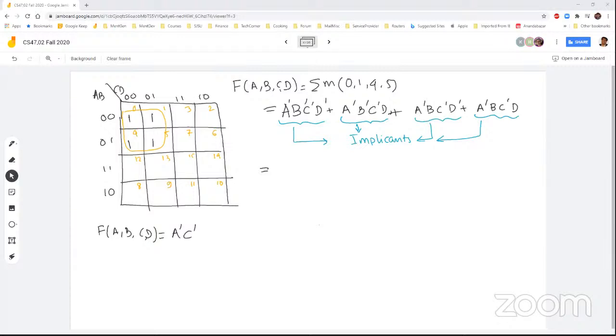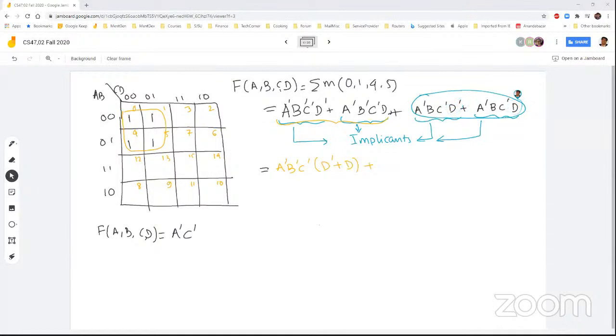For example, if we see this group, that means the group of 0 and 1, we can see they are varying only at D, D bar and D, right? So if we group these two together, then we can write it as A bar, B bar, C bar, D bar or D. And similarly, if we group these guys, you see it's varying at D as well, right?